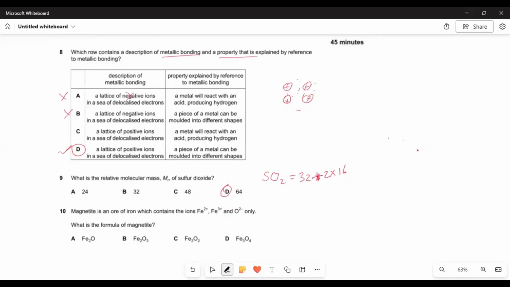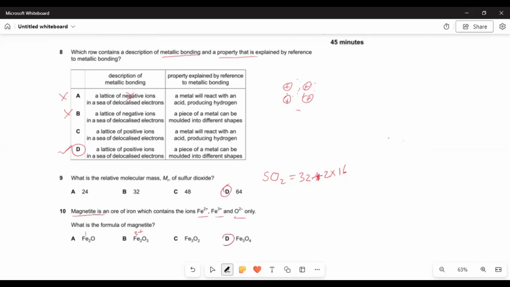And now the next question is question number 10. It says about magnetite, that is an ore of iron that contains iron 2 plus ions and iron 3 plus ions, and oxide only. So what is the formula for magnetite? It has iron 3 plus, and something else.